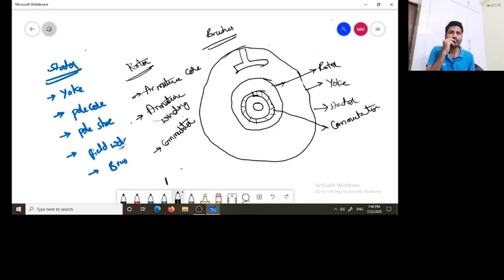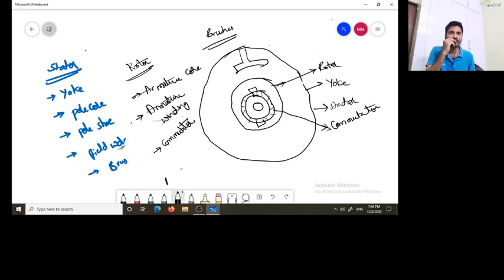Before that, we are going to discuss the brush. Brushes are mounted on the commutator. What is this part? This is the commutator, a part present inside the rotor of a DC generator. Upon the commutator, brushes are mounted.